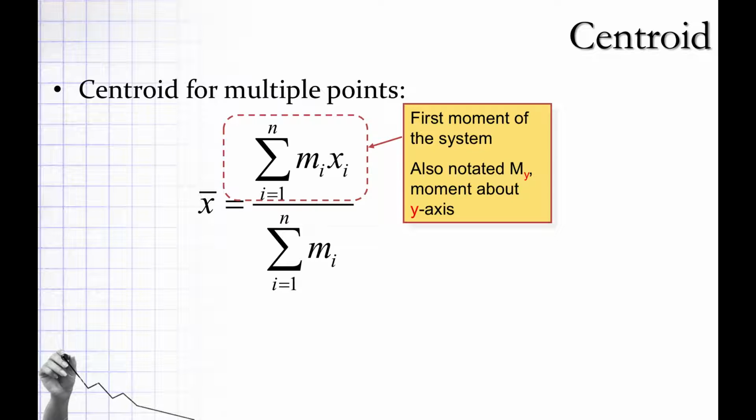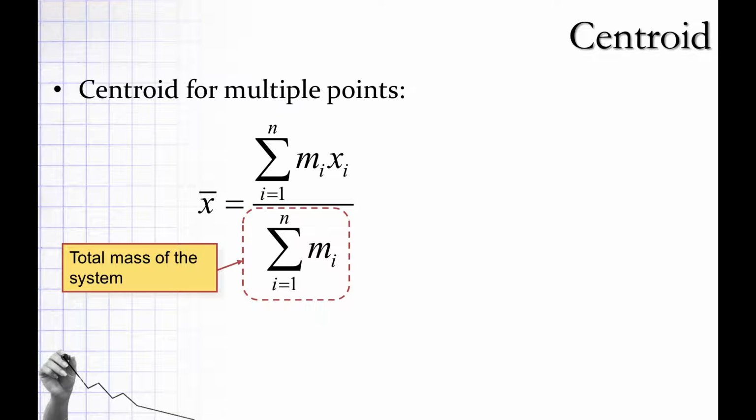So when we're in 2 dimensions, mass times our x distance is the moment about y. And when we take the moment about y divided by the sum of our masses, we get the x coordinate. So what do you think is going to be true about the y coordinate?